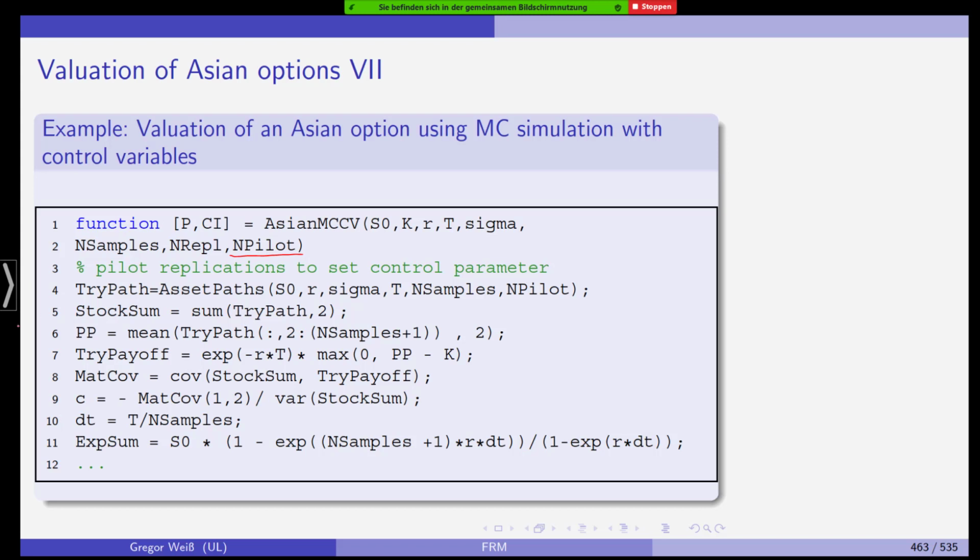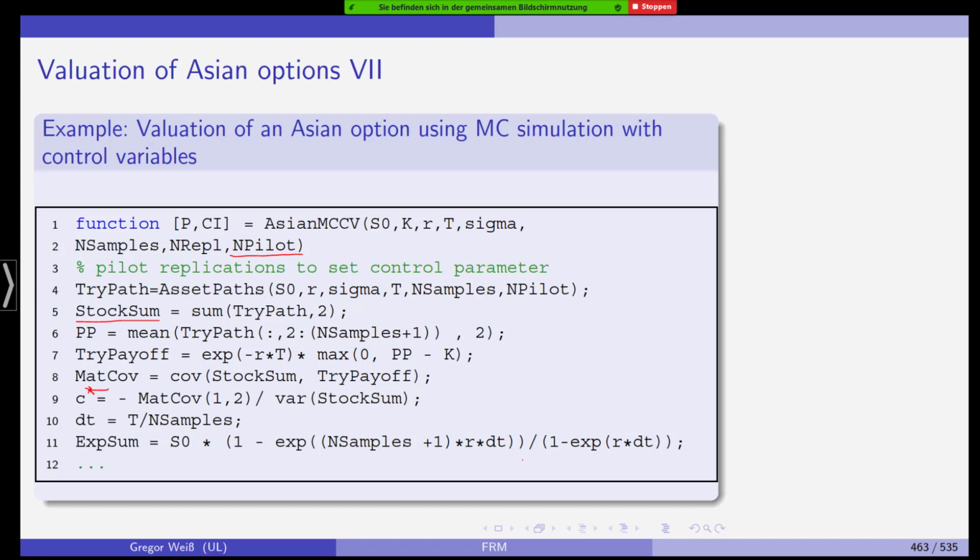This is what we do here. We calculate our Y, and then we calculate the variances and covariances between the stock sum and the tryout for the payoffs. We calculate C. This should be C star actually. This is our previous C star, as you can see, minus the covariance divided by the variance of the stock sum.